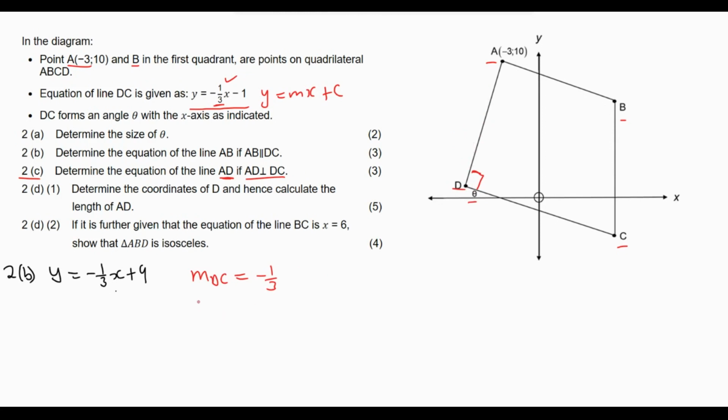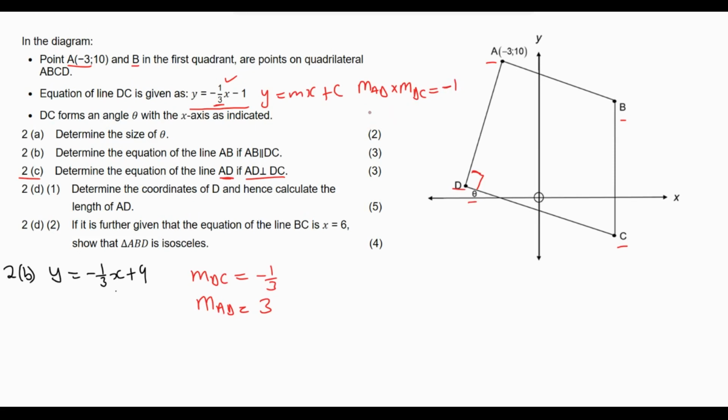So it means therefore the gradient of AD should be +3. The negative reciprocal of -1/3 is 3. Or the gradient of AD times the gradient of DC must give us -1.